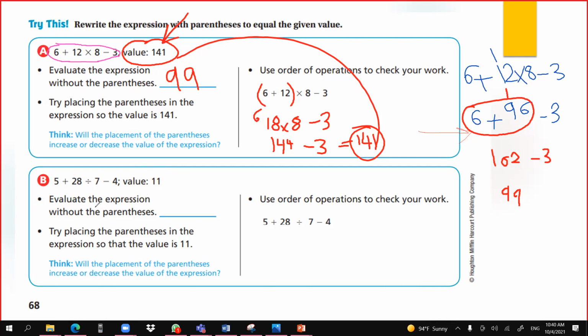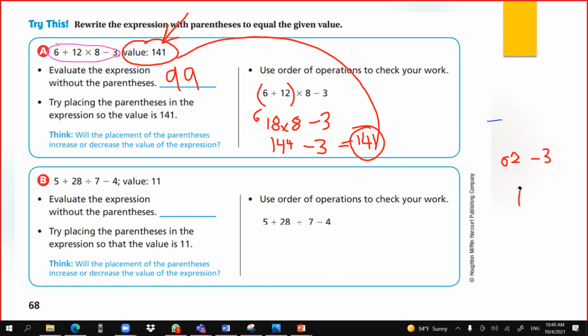The first step, they ask you to evaluate the expression without the parentheses. What should we do first? Yes, Muna.